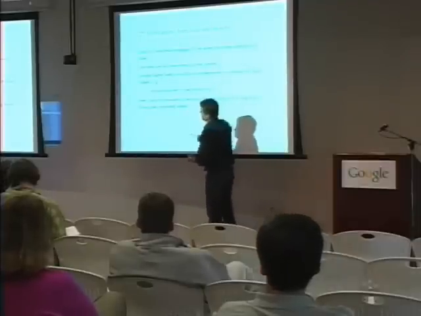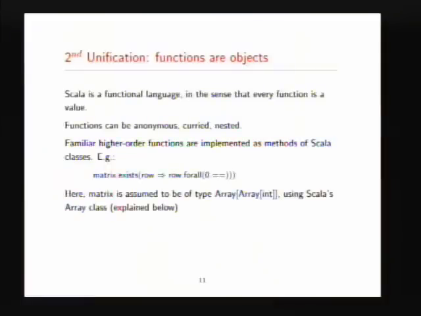The second addition is we have the usual syntactic conveniences of functional languages: anonymous functions, sometimes closures, curried functions, and nested functions. We can nest functions inside other functions, just like we can declare values of other types inside functions. Familiar higher-order functions are implemented as methods of standard Scala classes.